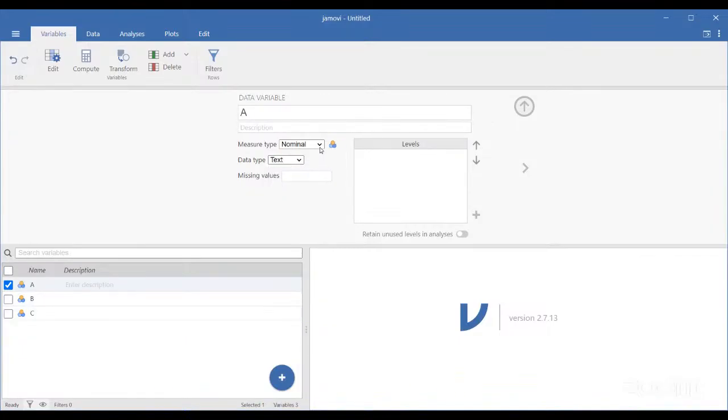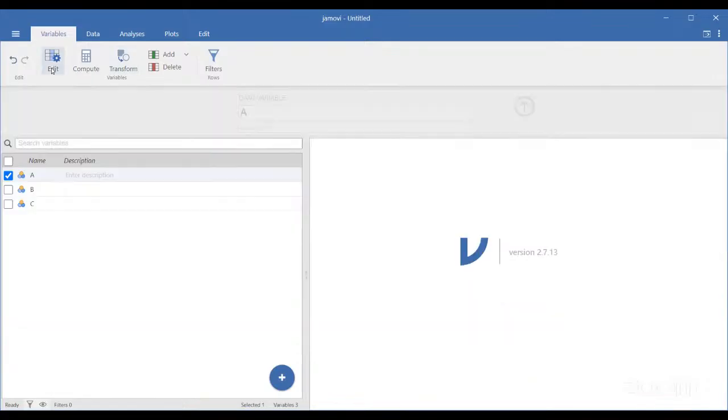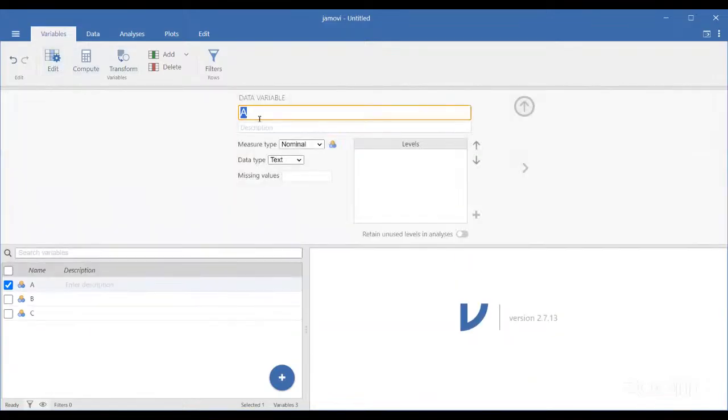Just write down name. It is text data. Now you will create some more variables because six factors are there.